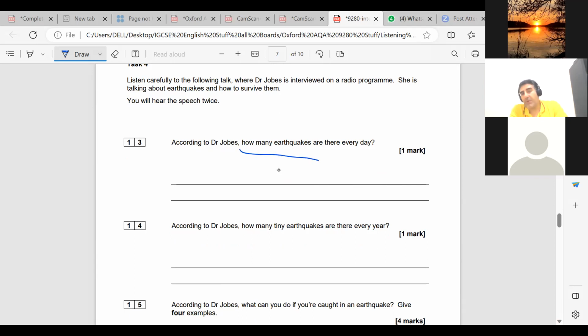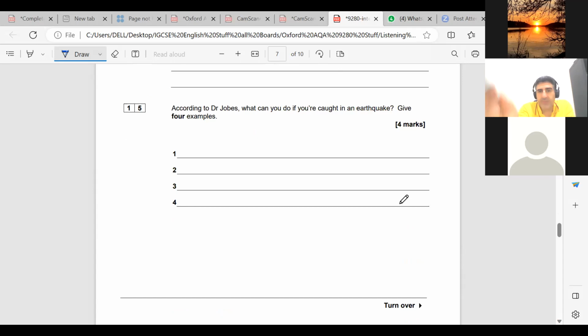We need the accurate number of the earthquakes. Another question: how many tiny earthquakes are there every day, every year? This question is 4 marks. Imagine, one question worth 4 marks. It's an open question, so you must give an accurate answer. You should write 4 examples here. And as I told you, don't write long answers, just specific or short answers.